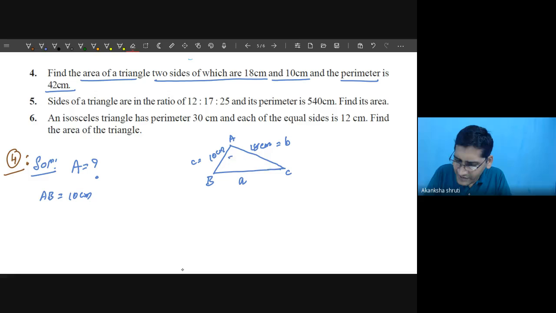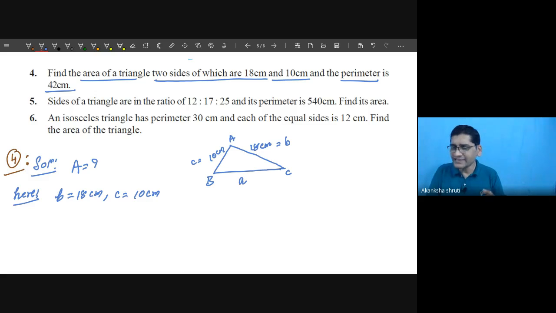So just by drawing this figure, you can use these symbols. It is a standard one and it is acceptable. So here it is given that the b is 18 centimeter and this c is 10 centimeter. A student, this b and c are not the standard.